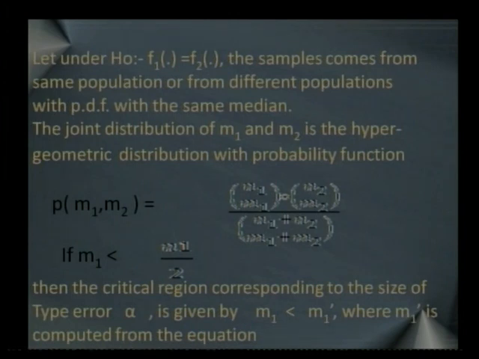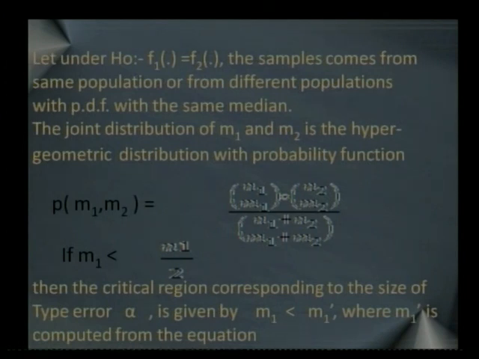Here f1 is equal to f2: the samples come from the same population or from different populations having the same median. Then the joint PDF of m1 and m2 is the hypergeometric distribution, with probability P of m1, m2 equal to (n1 C m1) into (n2 C m2), divided by (n1 plus n2) C (m1 plus m2).